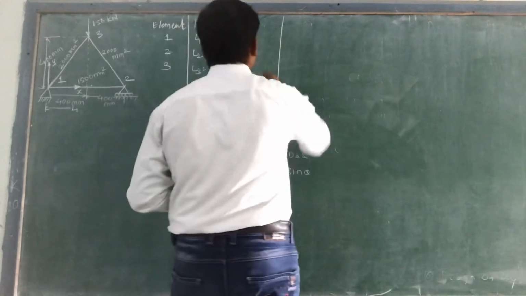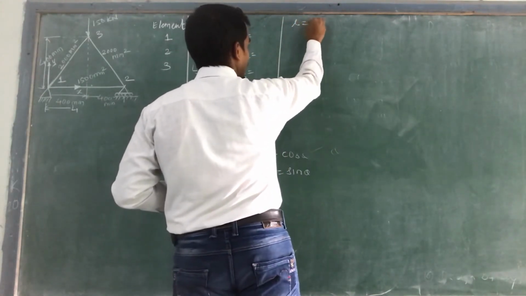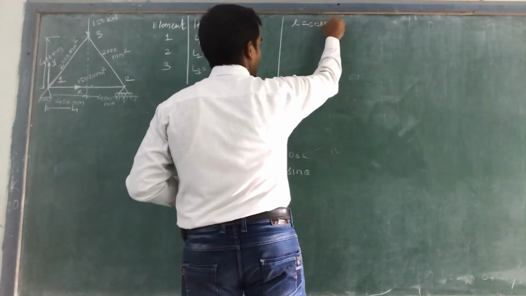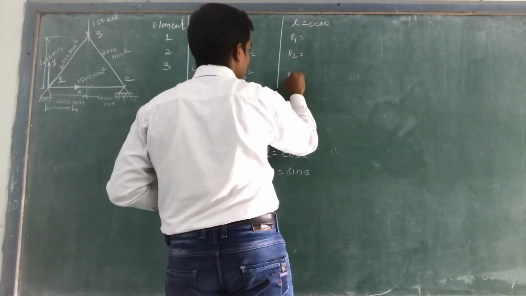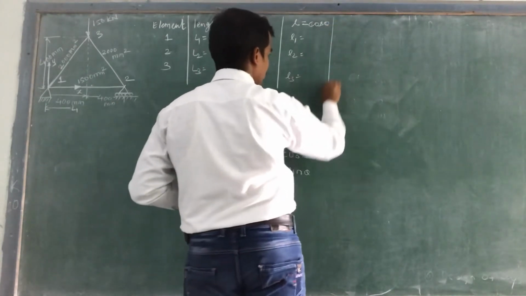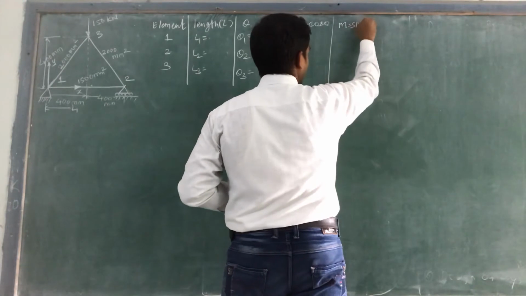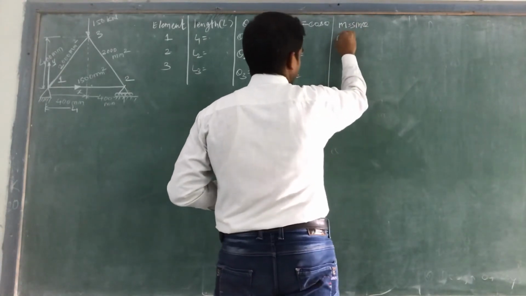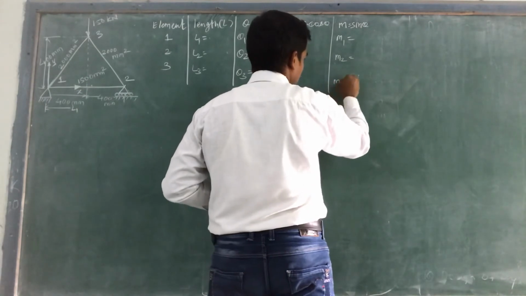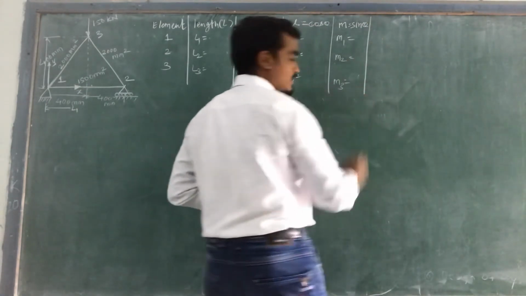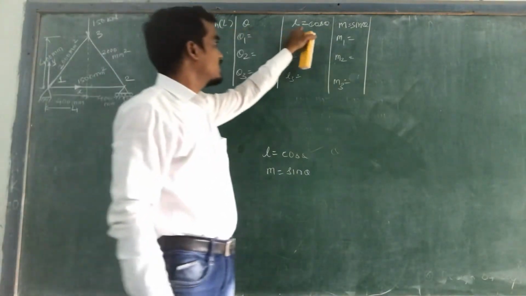Then next, l is equal to cos theta. So l1 is what? l2 is what? l3 is what? The next is m is equal to sin theta. m1 is what? m2, similarly m3. Okay, so up to this we need to find out element length, theta, l, m.